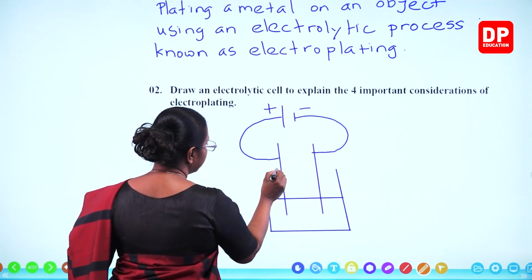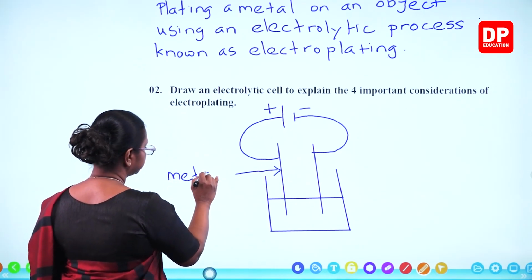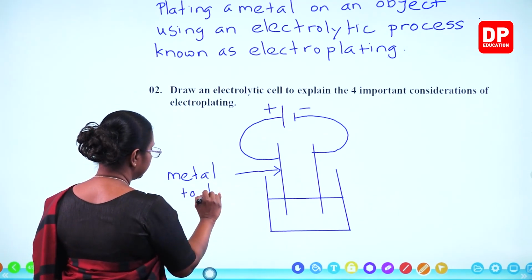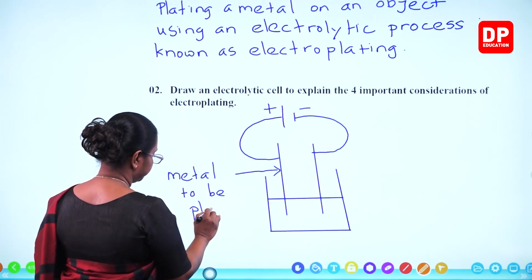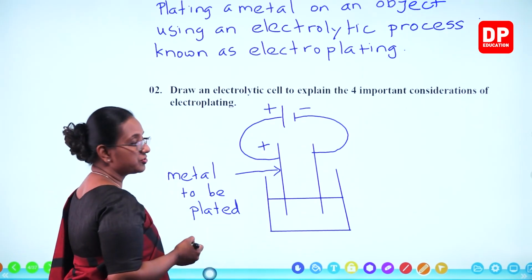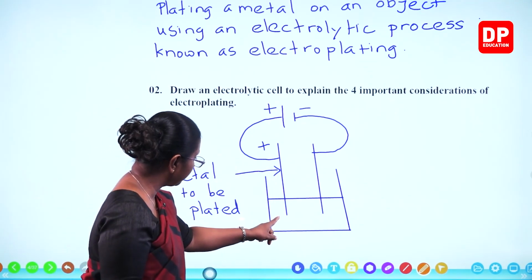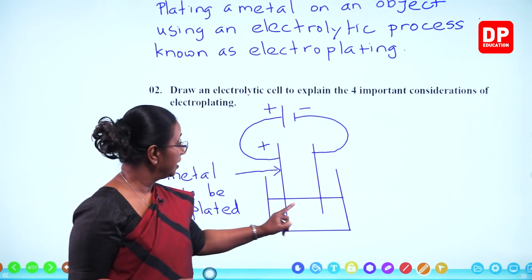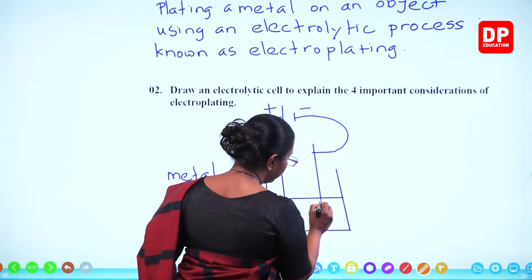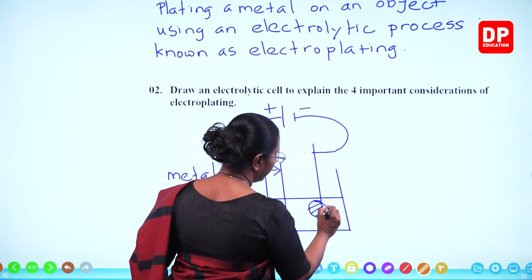Now let's say this has to be the metal to be plated. Why? This is going to be the positive electrode where oxidation takes place. So this particular metal will dissolve. Then you all know here we need to connect the object. So this has to be the object.